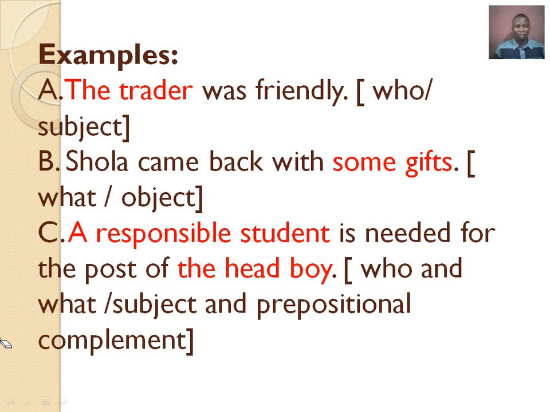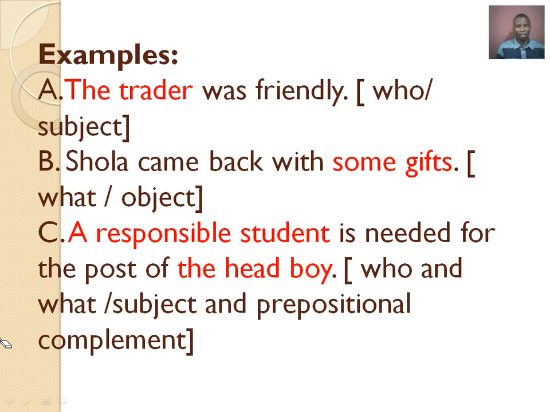So we have ascertained that the trader is a noun phrase. B. Shola came back with some gift. Shola came back with what? And the answer is some gift. So you see that the one in red in B answers the question what, and it functions as the object of the sentence, while A functions as subject of the sentence.